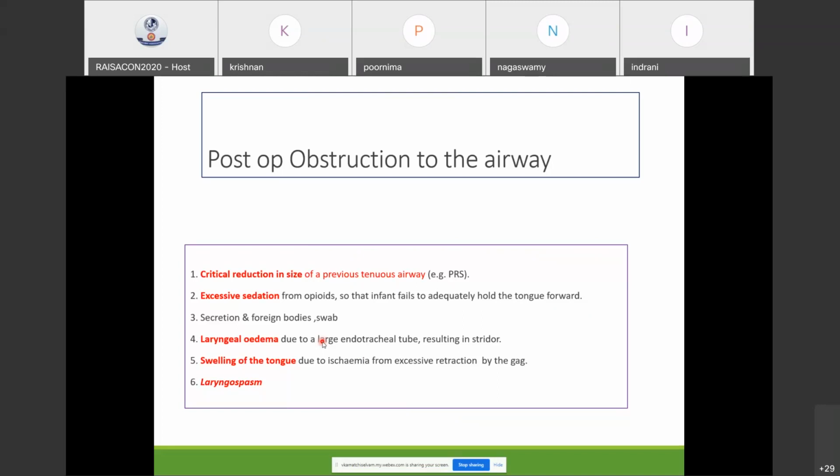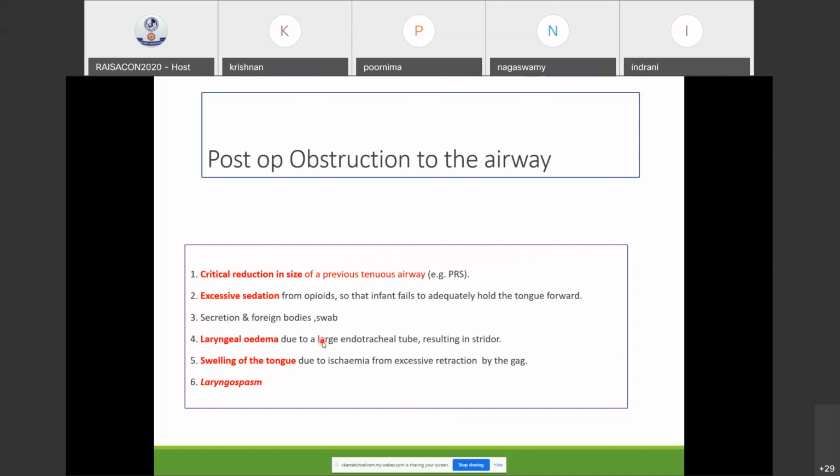Now the surgeon has closed the palate, so this has produced a critical reduction in the size of the oral cavity. The baby is not used to that particular size, so there will be some difficulty in breathing for some time till the baby settles down. Until that time, you may have to take care of the baby either by nasopharyngeal airway or sometimes, previously, we used to use what is called a tongue stitch.